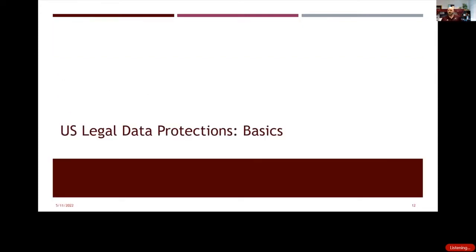Now, the next thing I want to do after sort of disentangling these issues is talk about some very basics of legal protections in the United States. And I want to do this at a basic level without talking about specifics, because there are a lot of different data protection laws in the United States that have some important similarities. So if you understand some of the basics, that can go a long way to navigating what is actually quite a complex legal space.